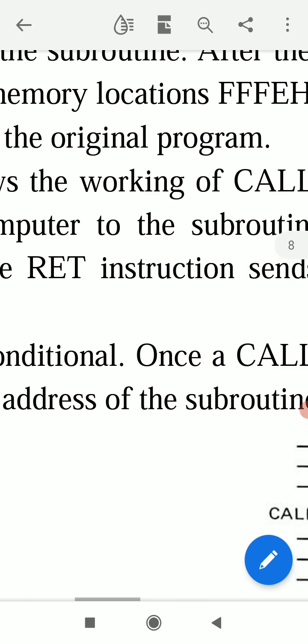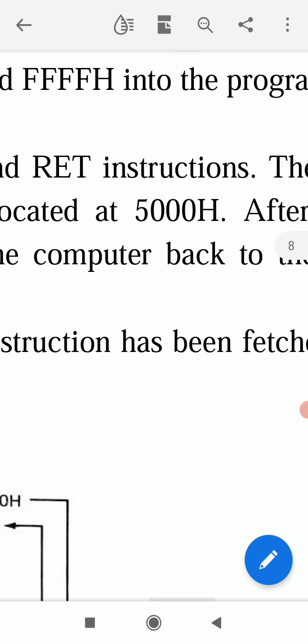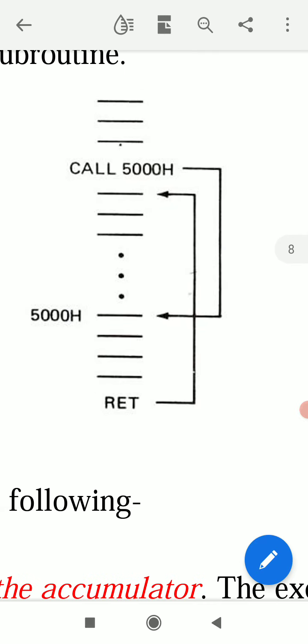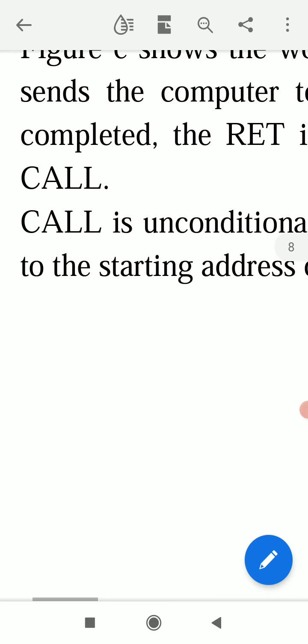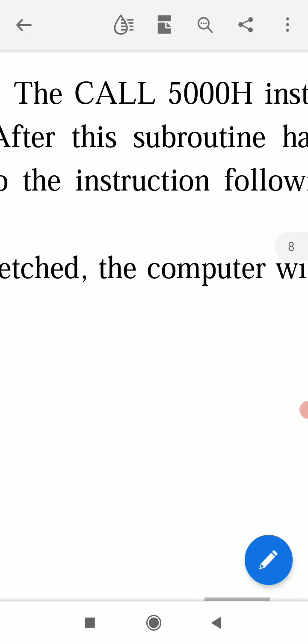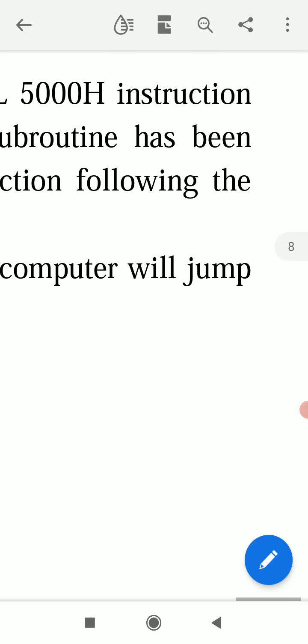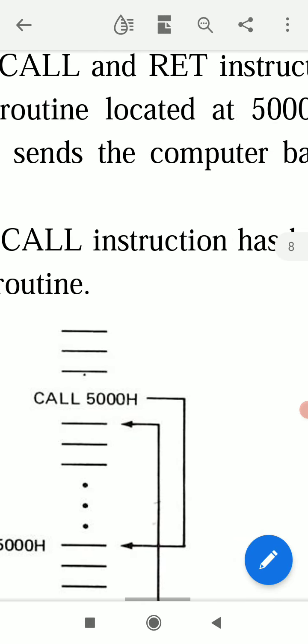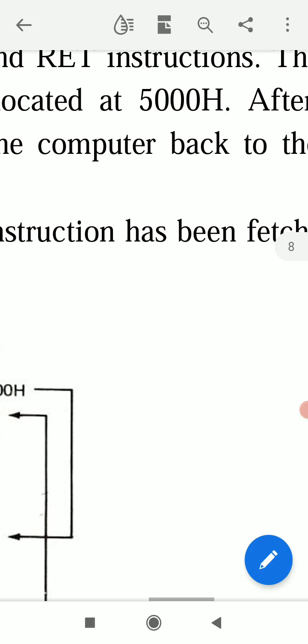Figure C shows the working of call and return instructions. This is the figure showing the working of call and return instructions. The CALL 5000H instruction sends the computer to the subroutine located at 5000H.